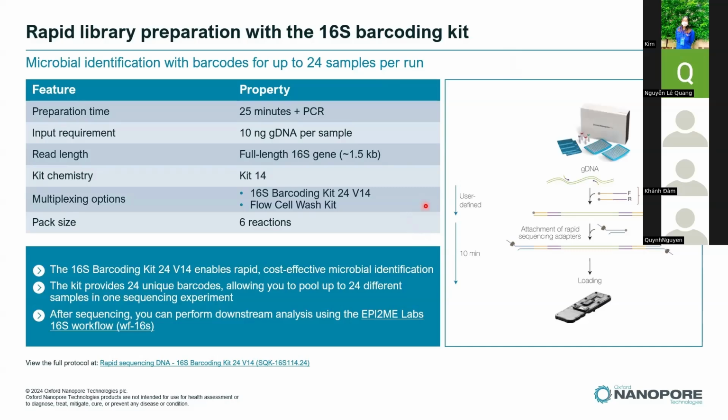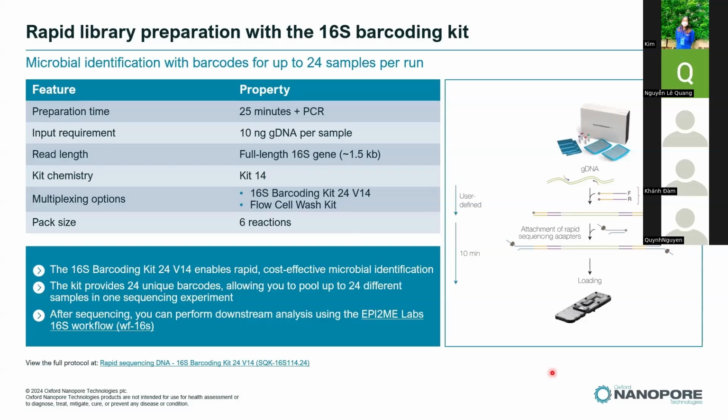Here you can see the overview information of this 16S barcoding kit. This kit helps to amplify the entire 16S region, approximately 1,500 base pairs, followed by library preparation where the DNA is amplified using a specific 16S primer. The kit has a preparation time of 25 minutes plus PCR, and it requires 10 nanograms of genomic DNA per sample.